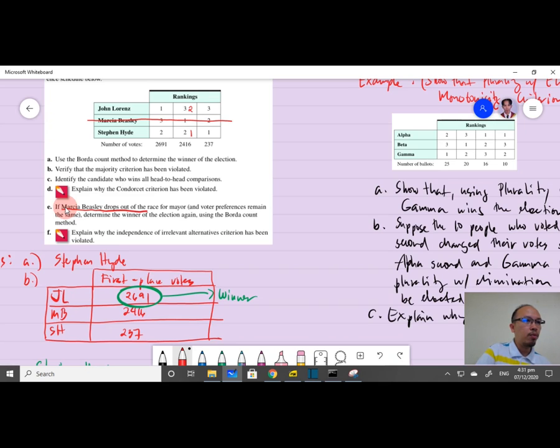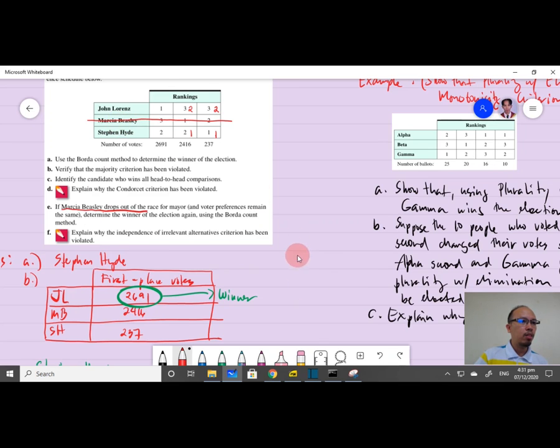So the preference is the same: 1, 2, 2, 1, 2, 1. That's what we mean by the voters' preferences remain the same, although we drop out Marcia Besley.